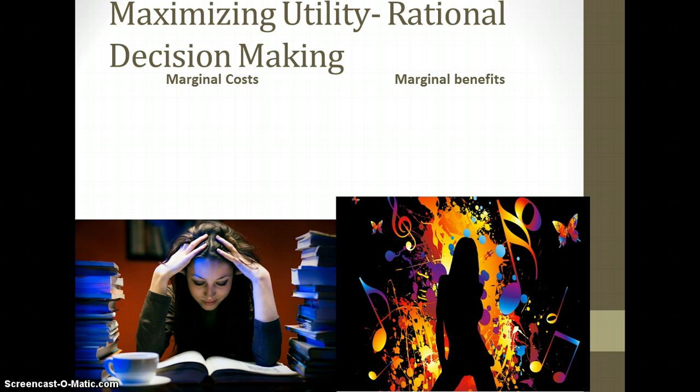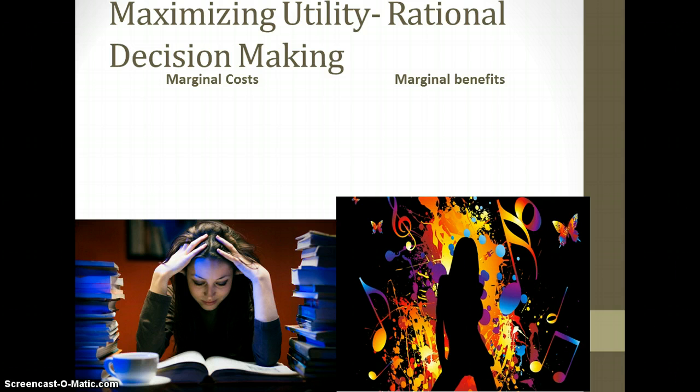Most of our decisions involve choosing a little more of something or a little less of something. Rational decision making involves comparing the cost and benefit of that incremental or little change. Incremental means just a little bit. So again, rational decision making involves comparing the costs and benefits of that incremental change.